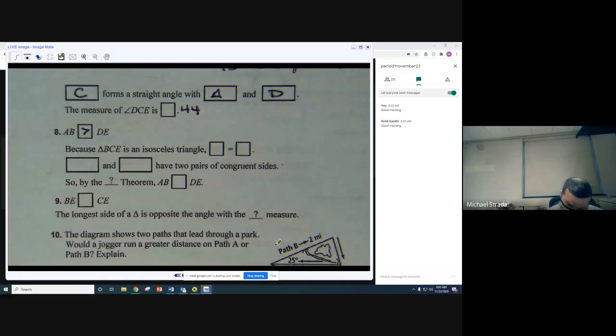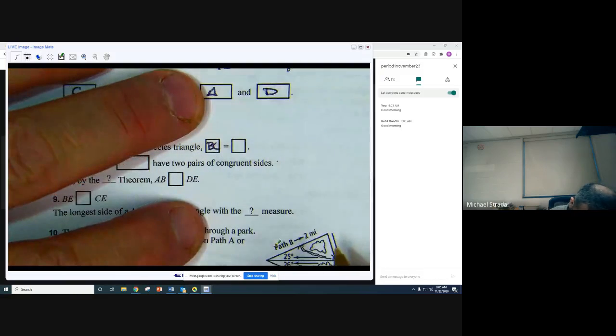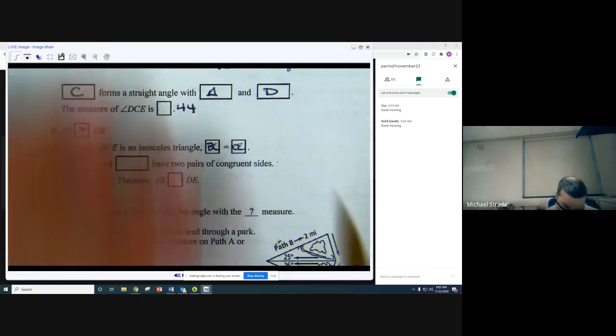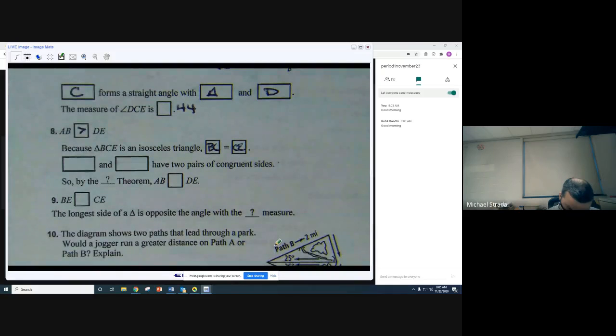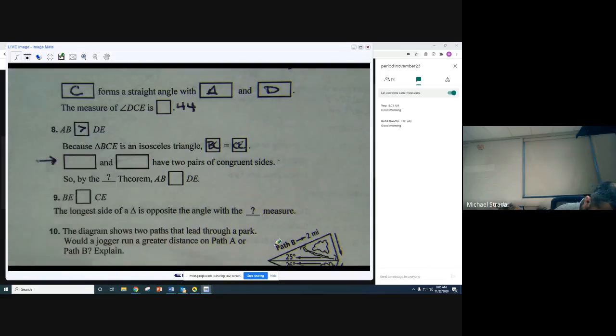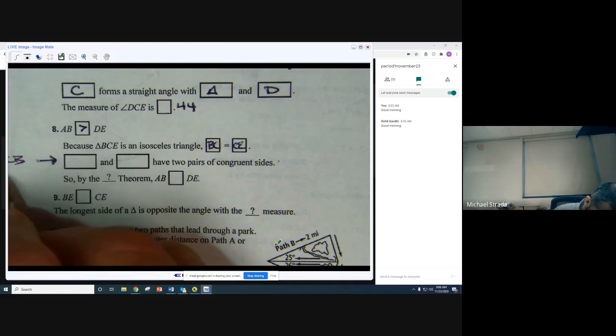And then we said because triangle BCE is an isosceles triangle, BC was equal to CE. All right, depending upon your penmanship and where you want to put it, in those boxes would be triangle ACB and triangle DCE.